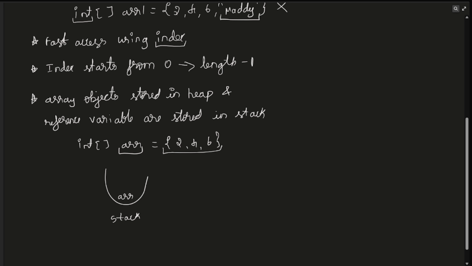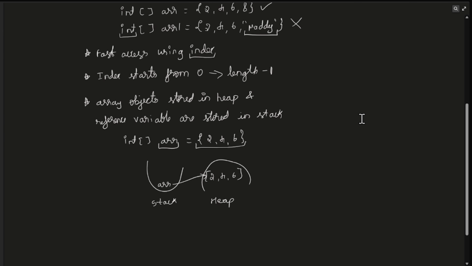This object goes to heap memory. 2, 4, 6. Since we are directly assigning values here, it won't be having a default value 0. It will directly assign the value. This reference variable will be pointing to the object. I hope key features are clear.